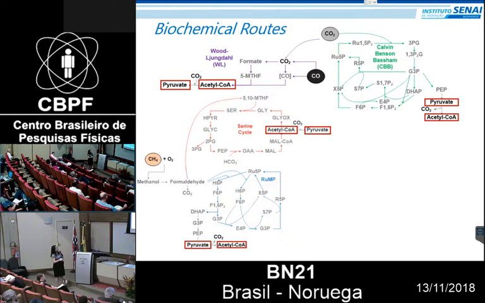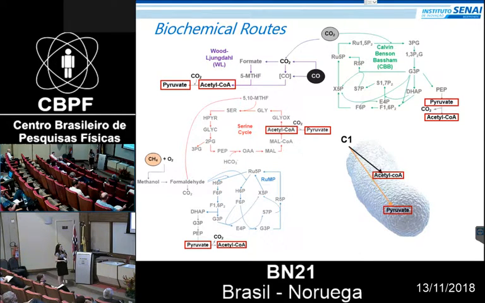The building blocks, I'm showing here some of them, mainly pyruvate and acetyl-CoA. These are key metabolites in the metabolism of microbes, and they can go easily in a few steps to different molecules.